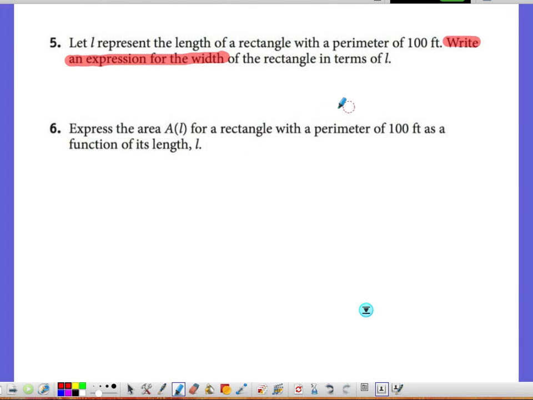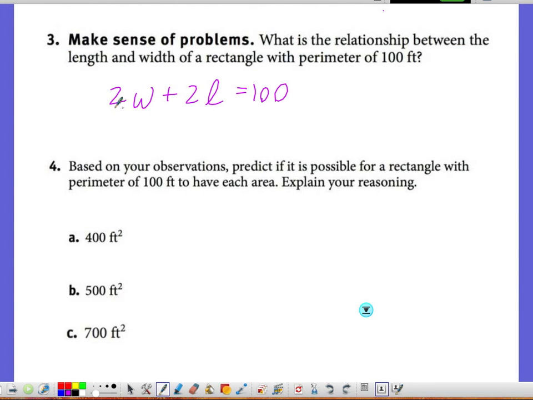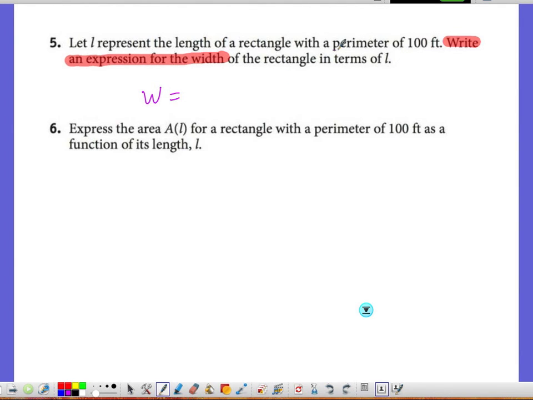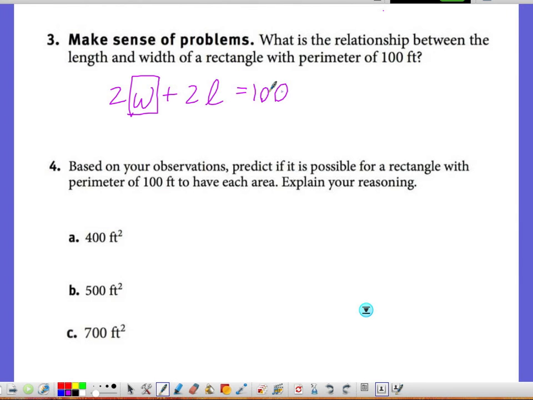In terms of L, okay, so we want to know what W is equal to, and we're going to use this right here: 2W plus 2L equals 100. And basically what you're trying to do is solve for W in terms of L. The 100 here stands for the perimeter, and so it's basic algebra.